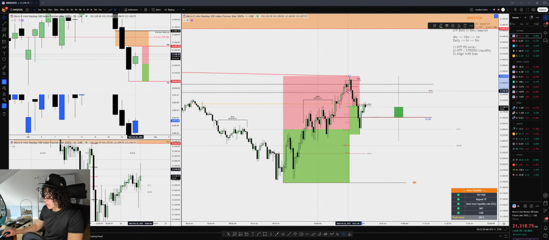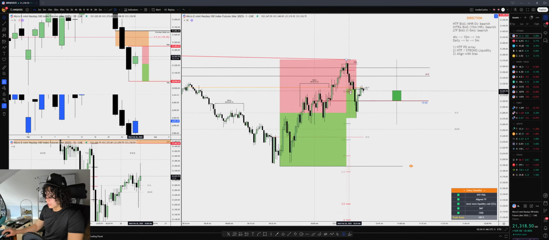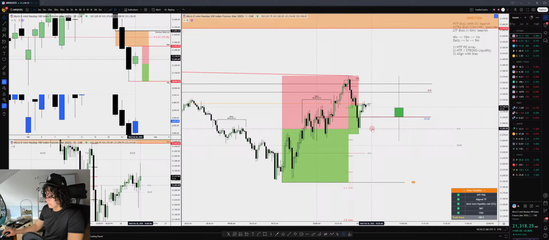But if I'm looking for shorts, or a continuation going lower, then I'm going to pull the next swing low. The next swing low in this scenario is this one. Because if I'm pulling this swing low, what I'm anticipating is an expansion. So this is why I pulled these deviations instead. If I was bullish, I would have pulled it from the swing low. But since I'm bearish, I'm pulling it from the next one.